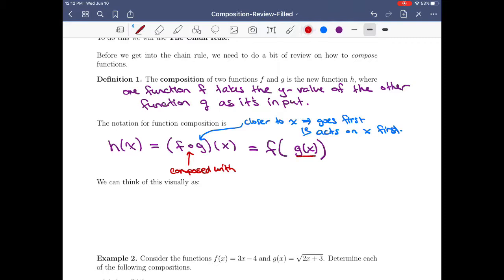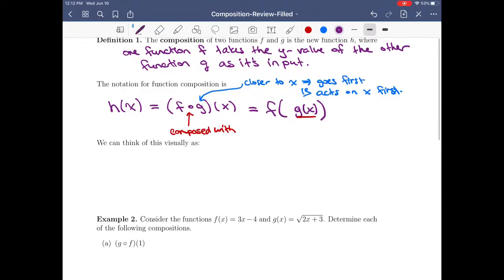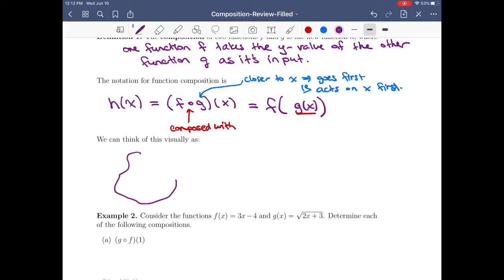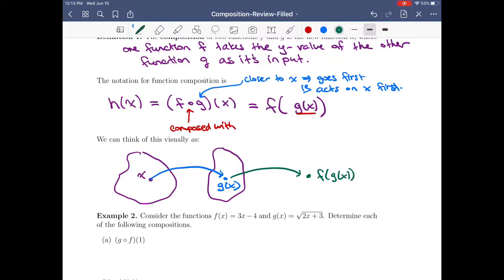So you see we're going to take g of x first, the y value that we get from that, then we're going to take f of that y value. So that y value is going to be like our new x value. As a picture, you can think, here's the domain of g, and maybe I have x in there. g is going to take x to g of x, and then f is going to take that point to f of g of x, and this lives in some other set here.